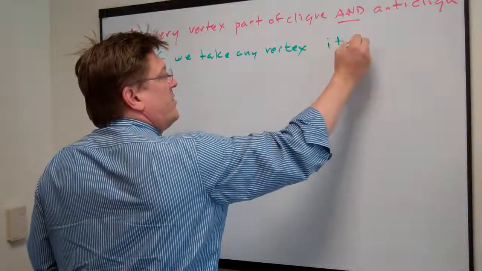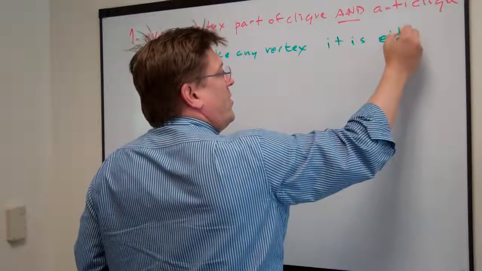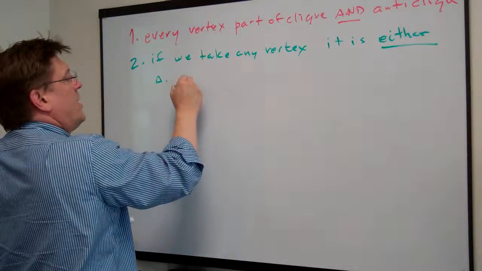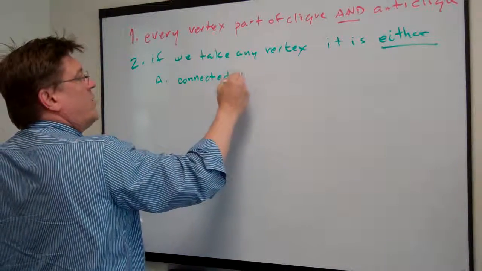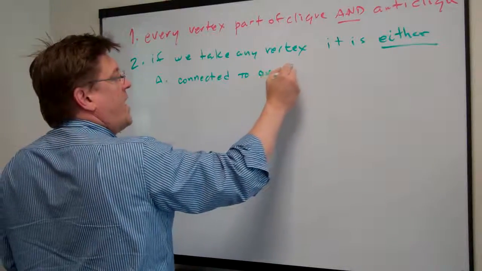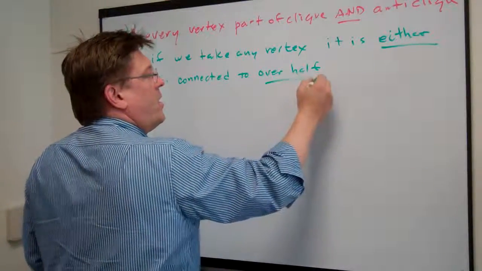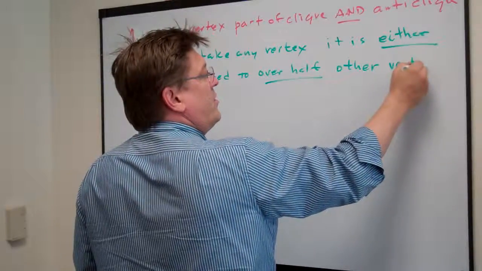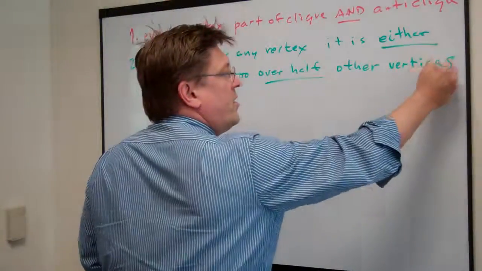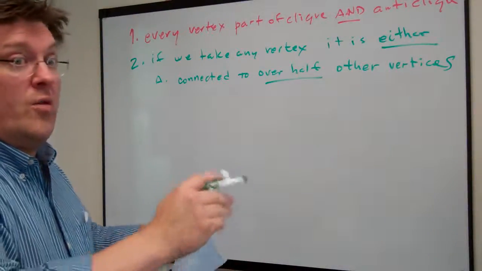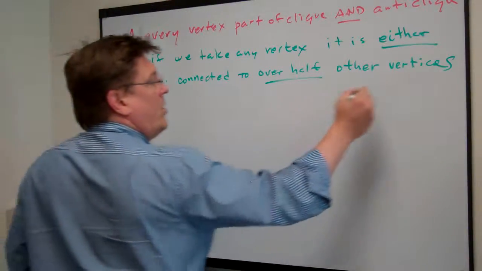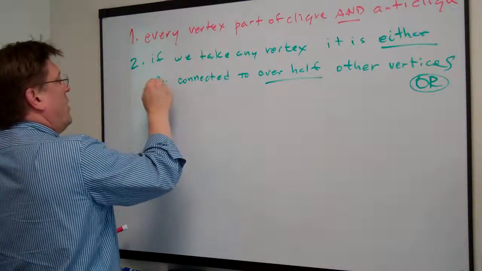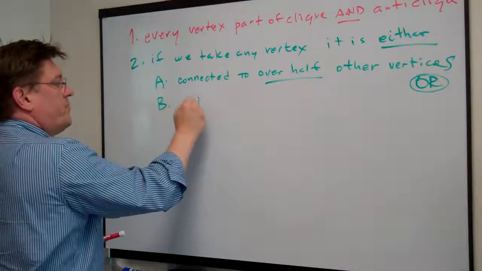it is either connected to over half of the other nodes, vertices, right? It's either connected to over half of them, or it's not.